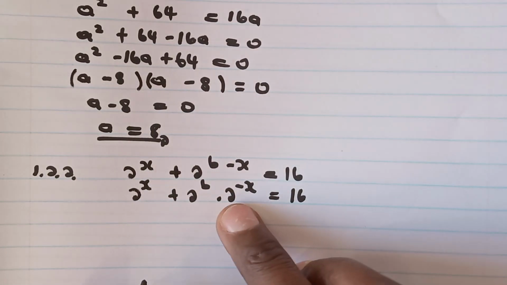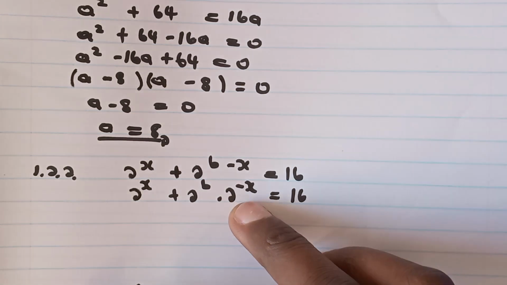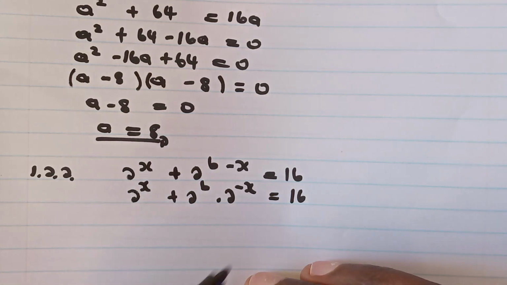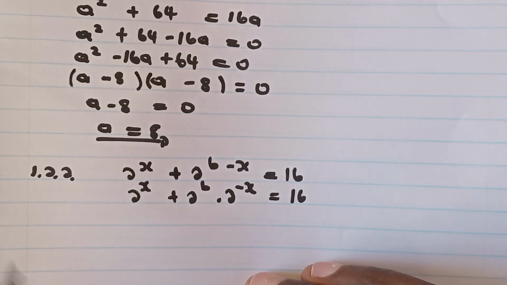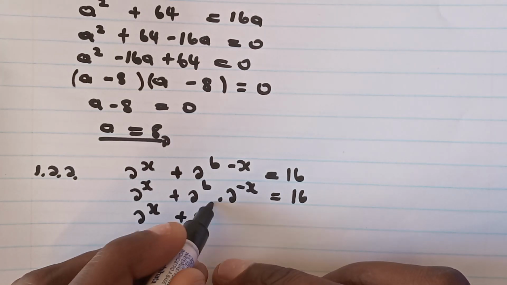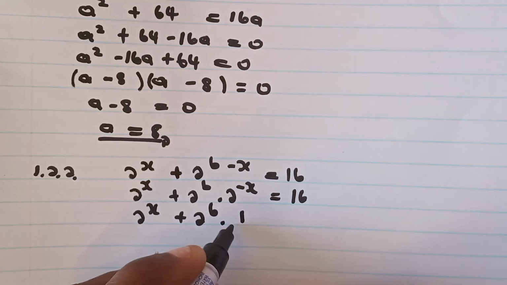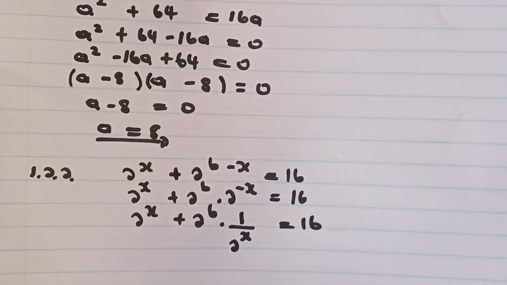So now you can see that this one has a negative exponent. So let's move that exponent to the denominator. So 2 to the power x plus 2 to the power 6 times 1 over 2 to the power x is equal to 16.